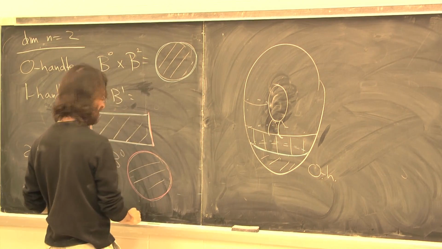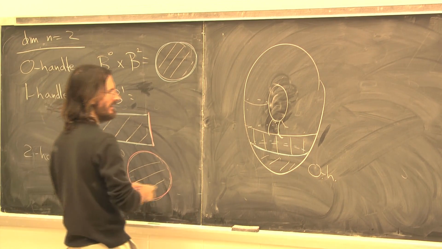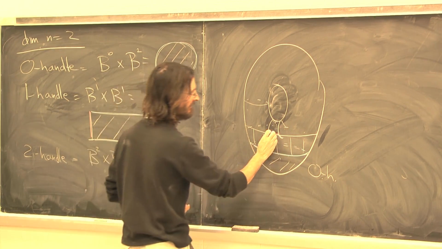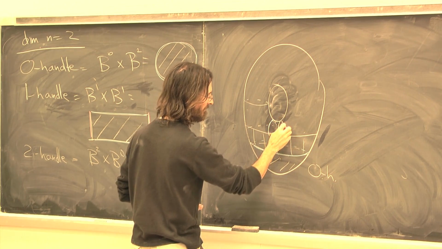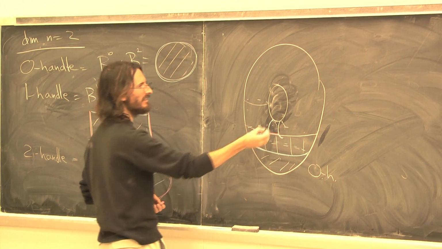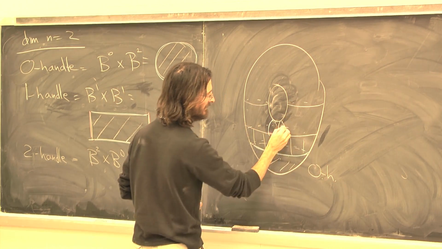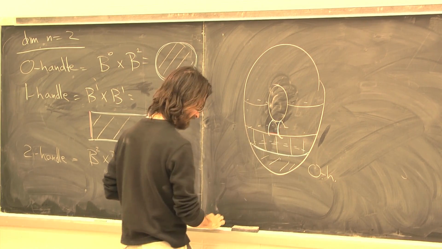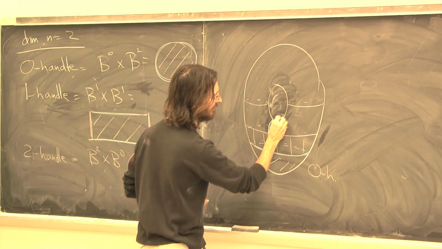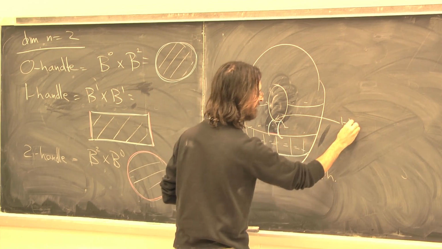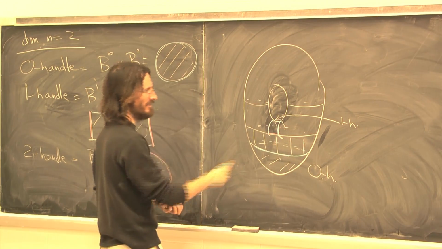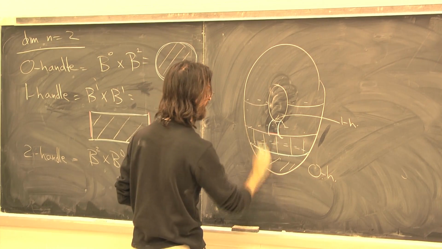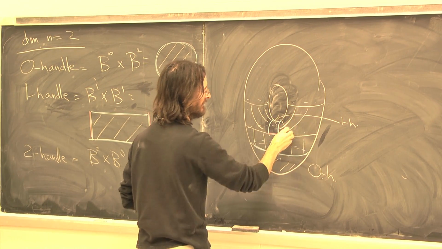So that's got there, here, and there. And then there's another product. So there's your 1 handle, and there's this other product, which I symbolize with lines.